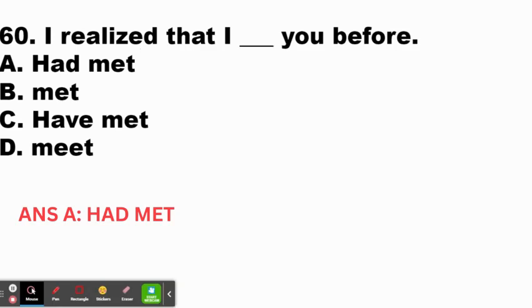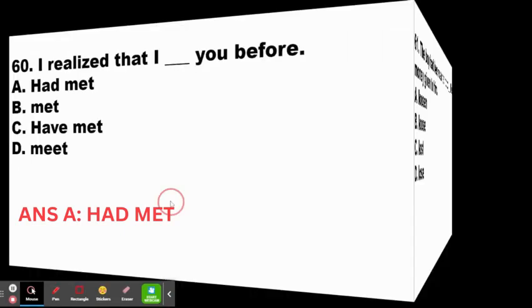It happened in the past because it's realized. Meeting you also happened in the past, but that one came first. I was realizing it later. So that's why you have to pick A. I realized that I had met you before. Now, if you reconstruct this sentence, I had met you before I realized. So this one came first. So that's just the explanation.